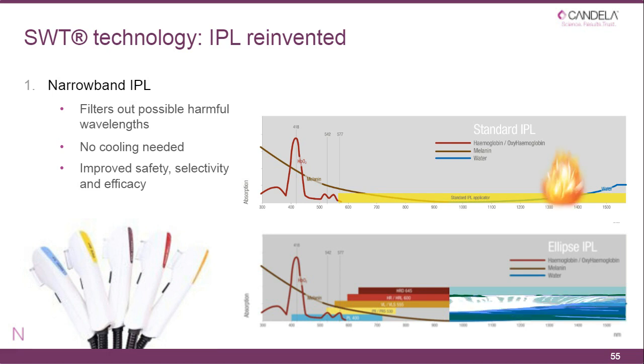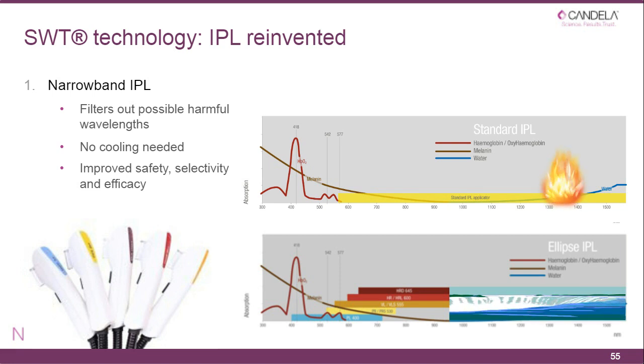This means that all of our energy will be delivered to our main chromophores, namely melanin and hemoglobin. Here, covering rosacea, we will focus on the PR applicator, which has a band starting at 530 and ending at 750, which allows us to cover the first and left part of the absorption curve of hemoglobin.